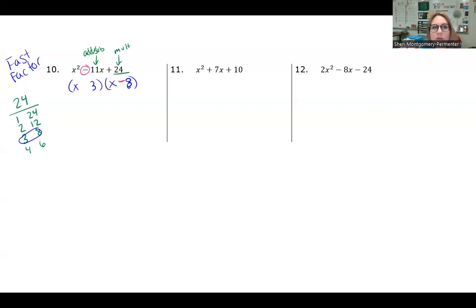So the bigger number always matches the middle term. So if I have negative 8, would I add or subtract 3 to get negative 11? So if I add, then I have negative 8, negative 7, negative 6, negative 5, because I'm getting positive when I add. So if I subtract, I get more negative. So I have to subtract.